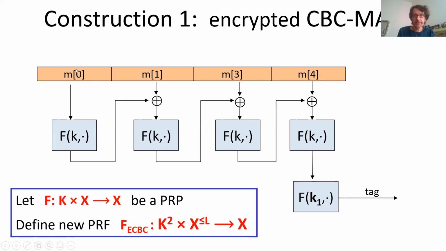So in the case of AES, these are 16-byte chunks of the message. And then you put them through the CBC. However, CBC encryption first chose a random IV and masked the first block of the plaintext with this IV. Here we don't do that.